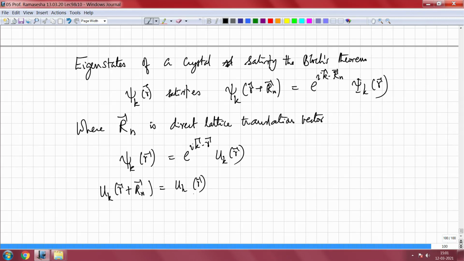With this condition, the Bloch state psi k of r written as above satisfies Bloch's theorem.